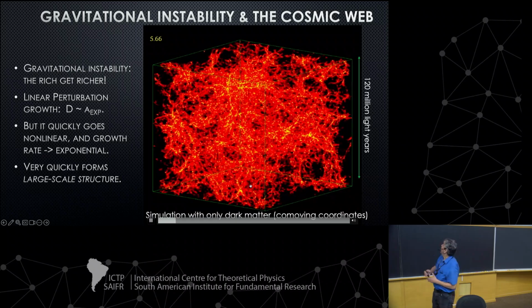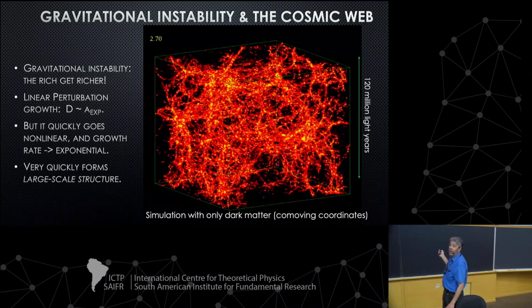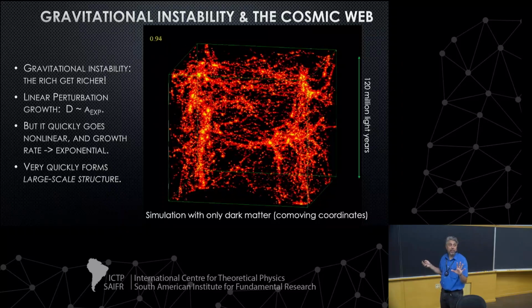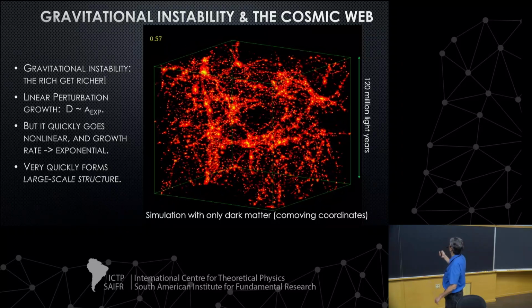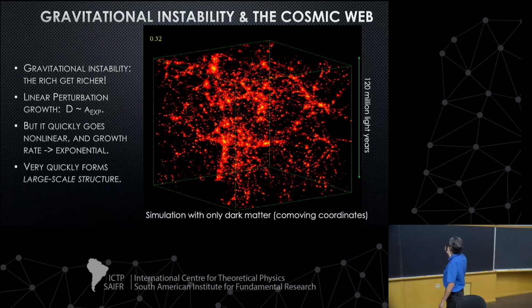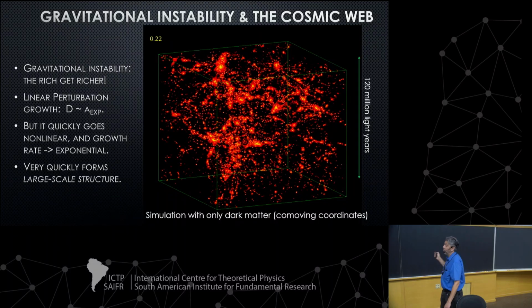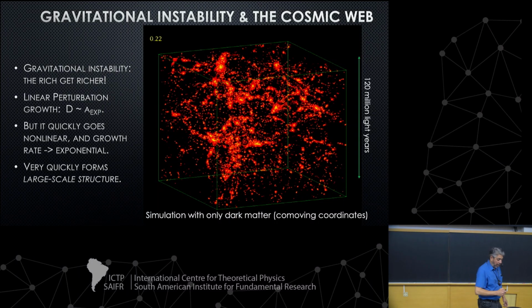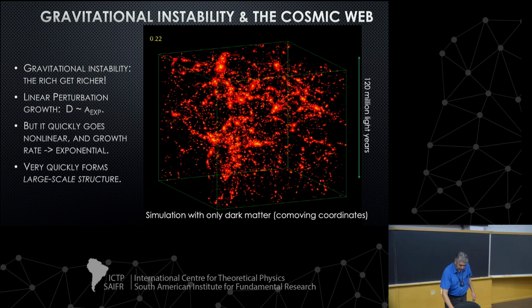You see that very quickly it goes from a smooth distribution, this is just the matter density in a dark matter only simulation, so we're not even including any baryons. You see these nice filamentary structures forming. It's kind of cool. This is what we call large-scale structure.